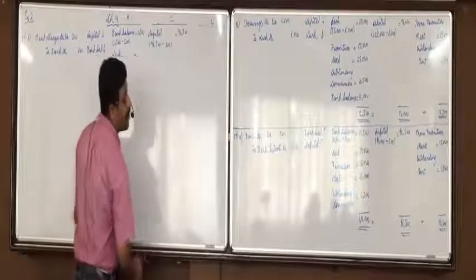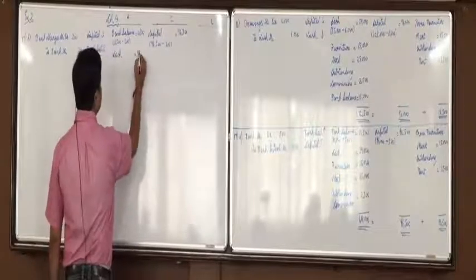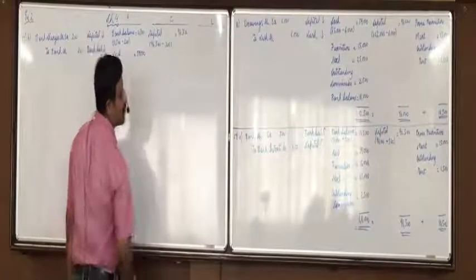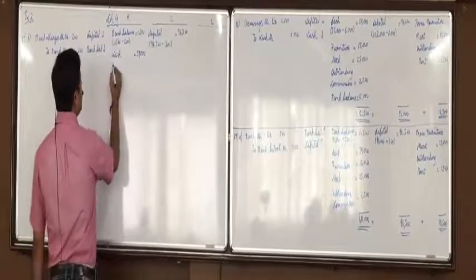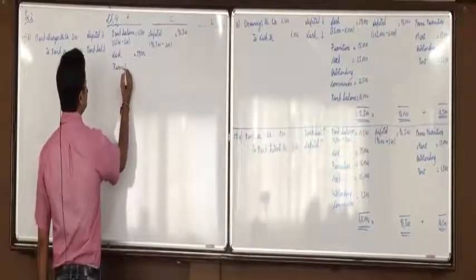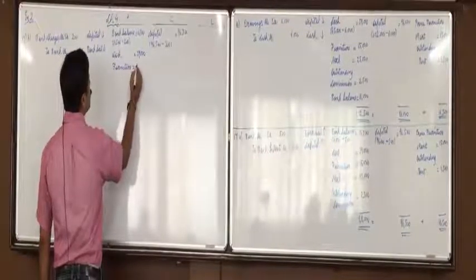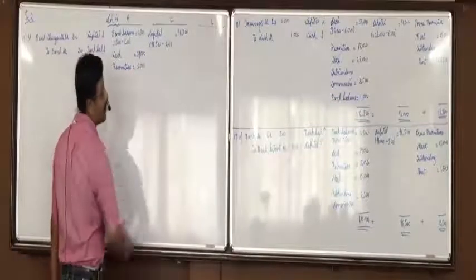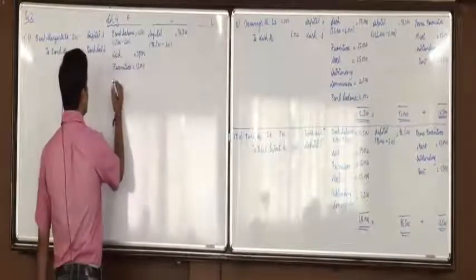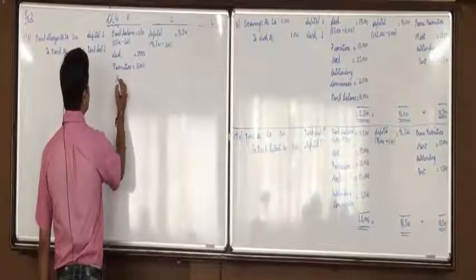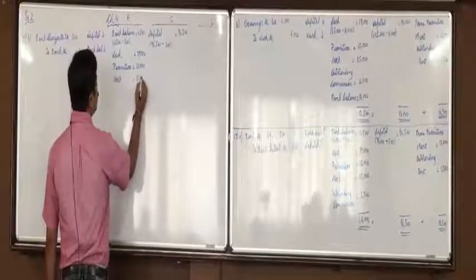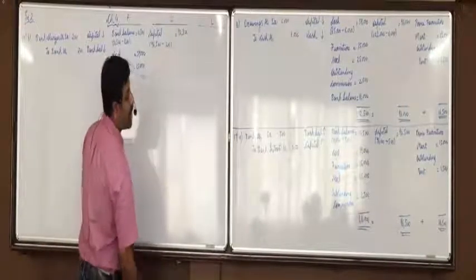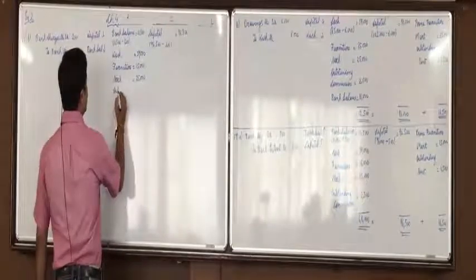Cash 59,000. Furniture 15,000. Stock 25,000. Outstanding commission 2,500.